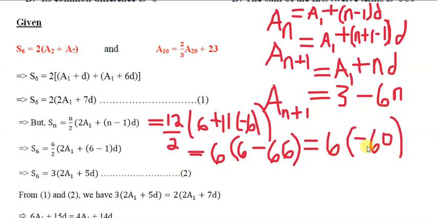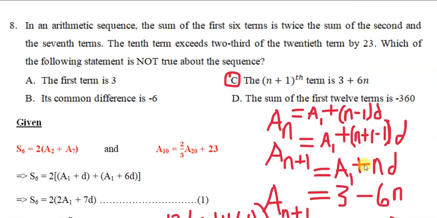Then multiply 6 by minus 60, it is minus 360, and therefore it is true. Therefore the one which is false is this one, which is not true. Not true means it is false. Which is not true is this one.